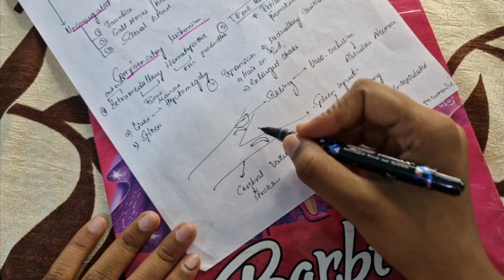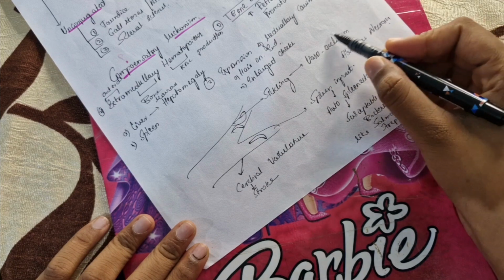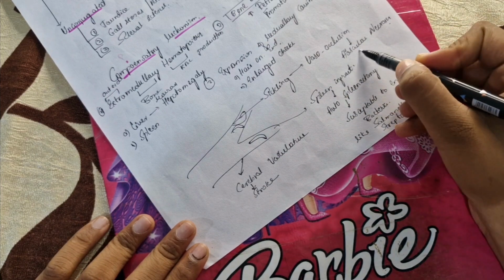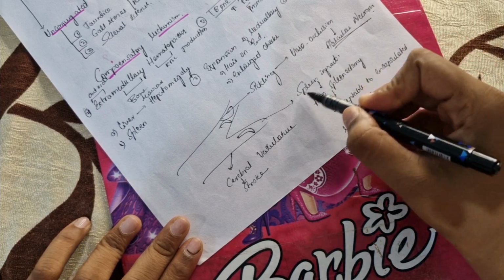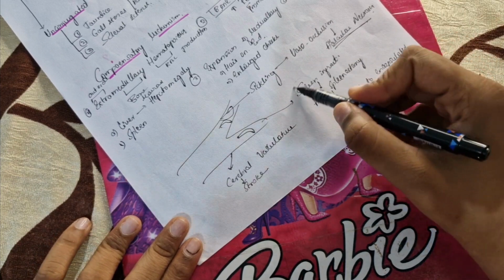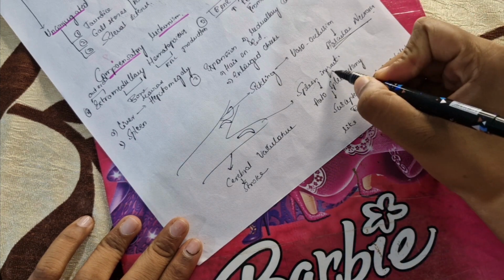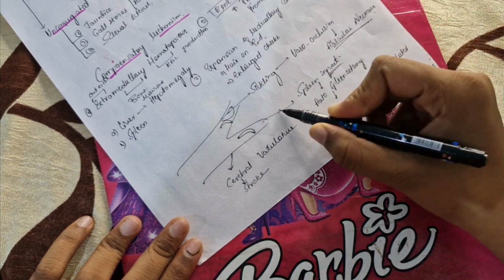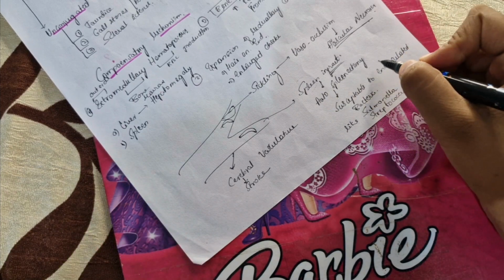During sickling, if it occludes the blood vessels, there will be vaso-occlusion and avascular necrosis, that is coagulative necrosis. The splenic artery gets occluded and causes infarct, and the spleen digests itself, which is known as autosplenectomy.